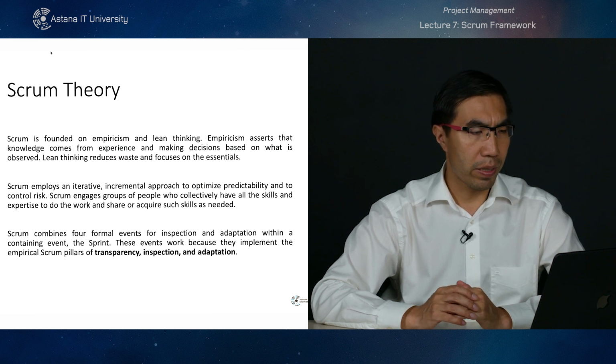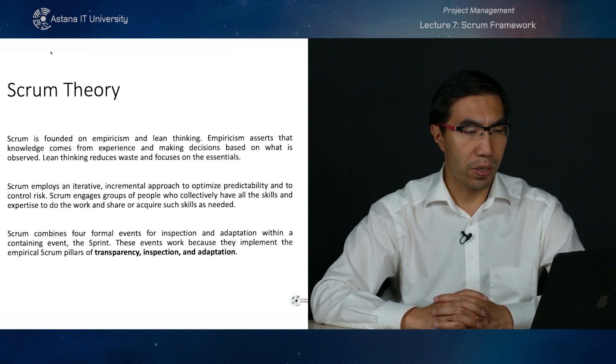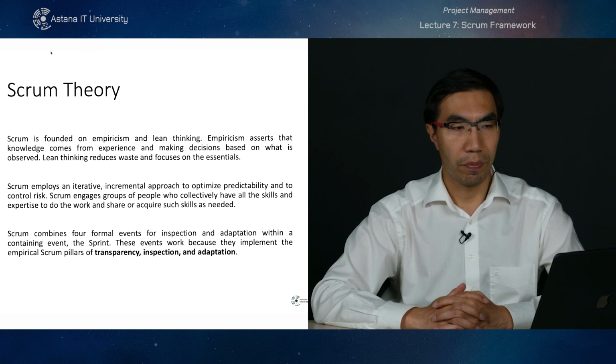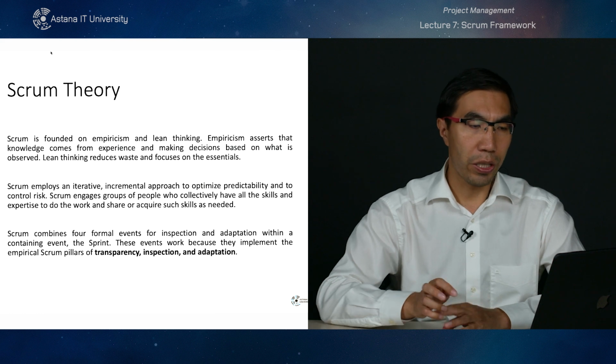Scrum combines 4 formal events for inspection and adaptation within a containing event, the sprint. These events work because they implement the empirical Scrum pillars of transparency, inspection, and adaptation. Let's take a brief look at each pillar.